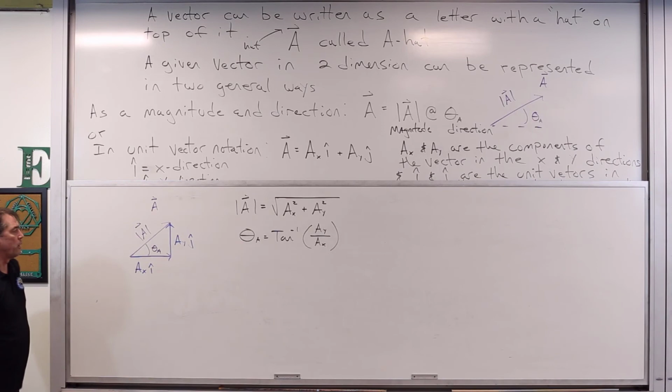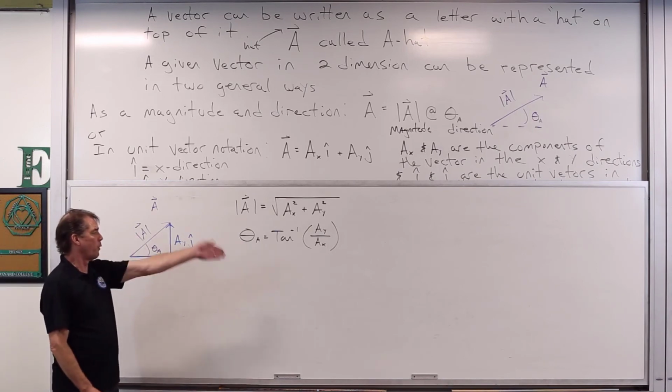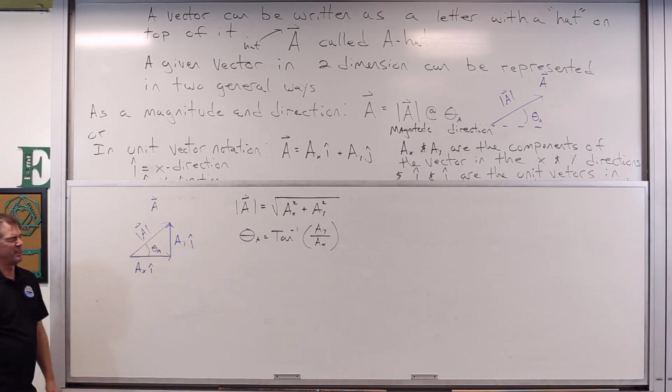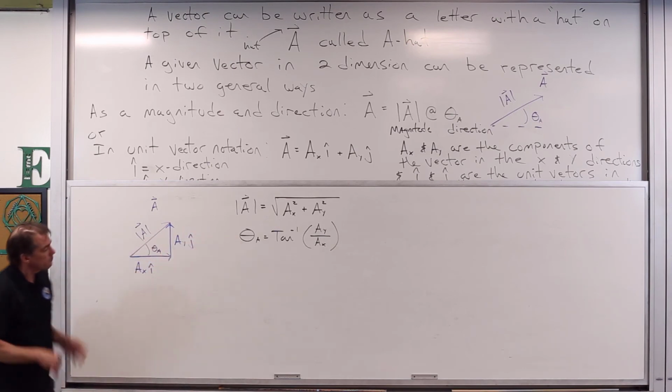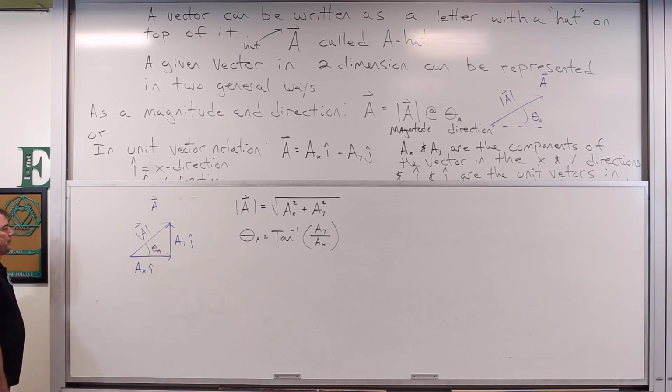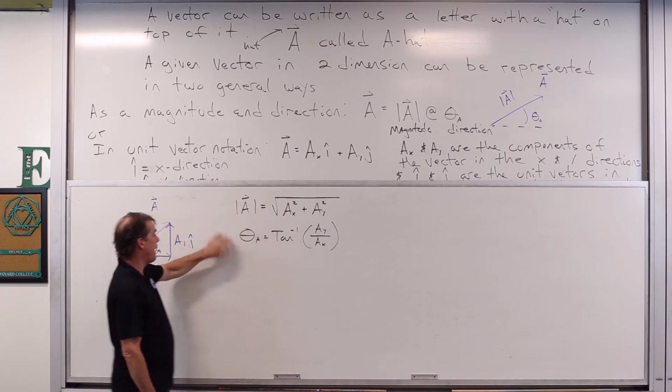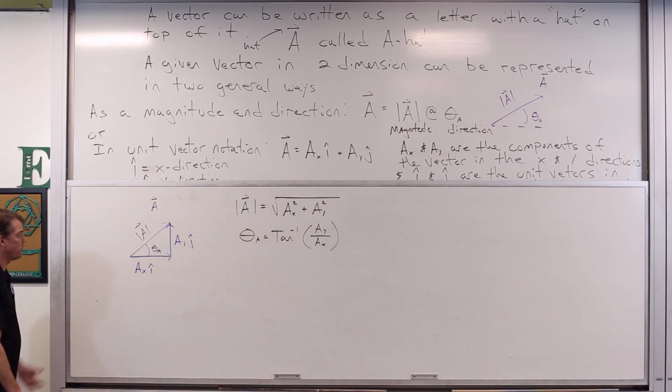If we know the x component and the y component, we take the arctangent of the ratio of y to x, and we've got the angle with respect to the positive x direction. Be a little bit careful with this, but in general, that's what we've got there. So this gives us the ability to get the magnitude and direction given the components of the vector.